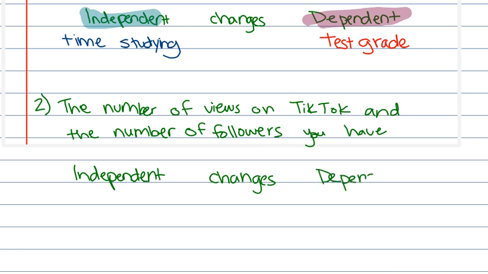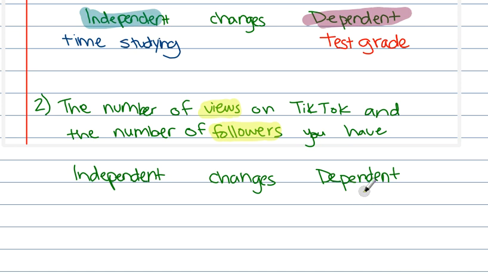I like to look at 2 keywords here. It helps me narrow down. The words we have here are the number of views and the number of followers. So we're looking at views and followers. Would I first get views on my TikTok and then people would follow me? Or would I have more followers and then my views would go up?